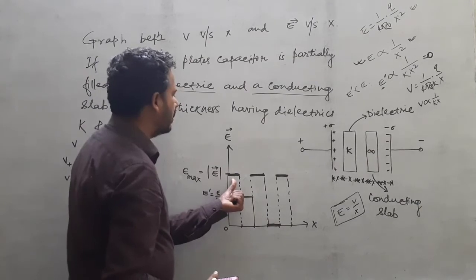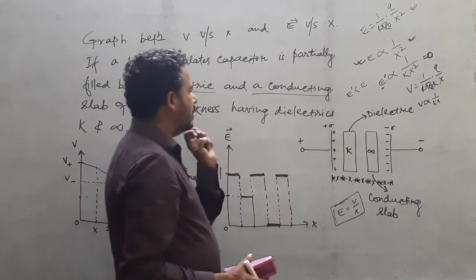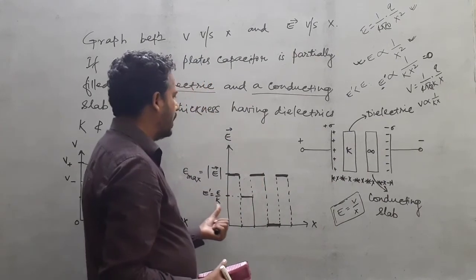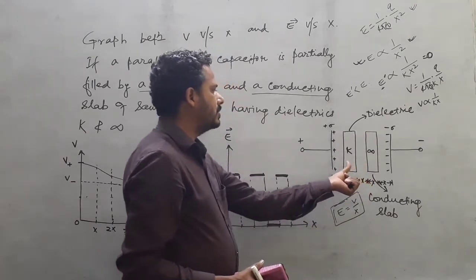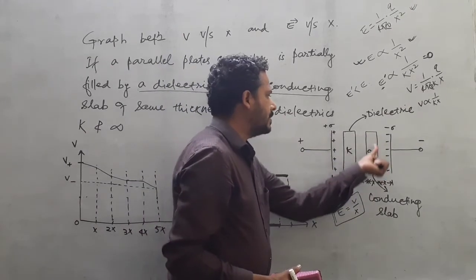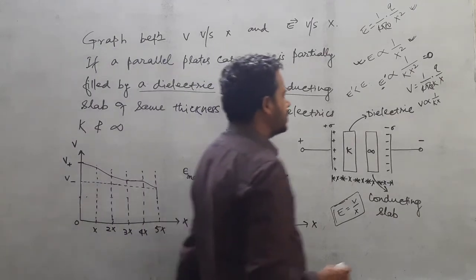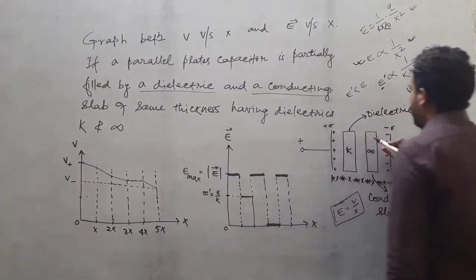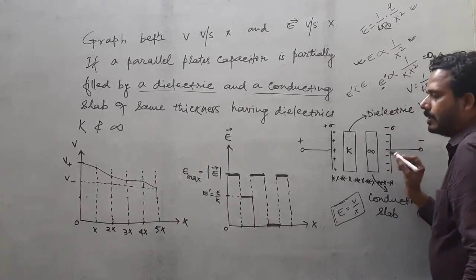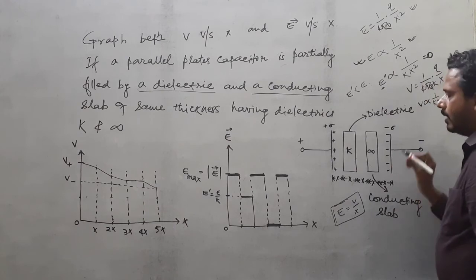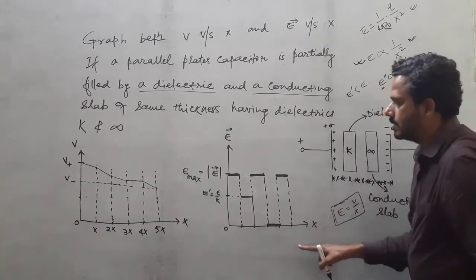So the maximum electric field line passes through free space. There is less field through the dielectric. Now again in free space, and in this conducting slab, because its dielectric constant is infinite, therefore there is zero electric field. You see through this graph.